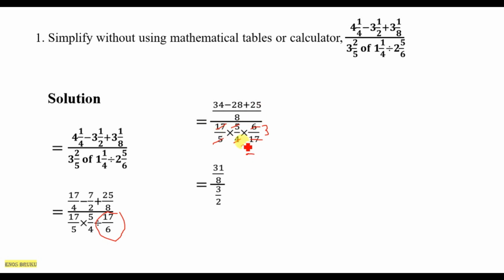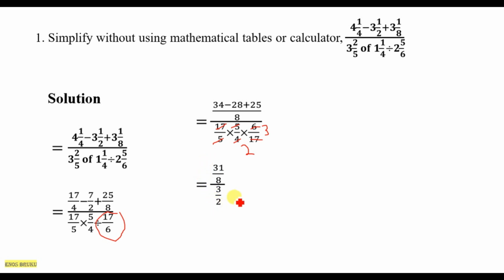Now let's see what happens next. All right, so we realize that we have 31 over 8 left. And down here we have only 3 over 2 left. So this huge question, we've reduced it to this. But now we have something nice here. When you get to this part, you are almost there.